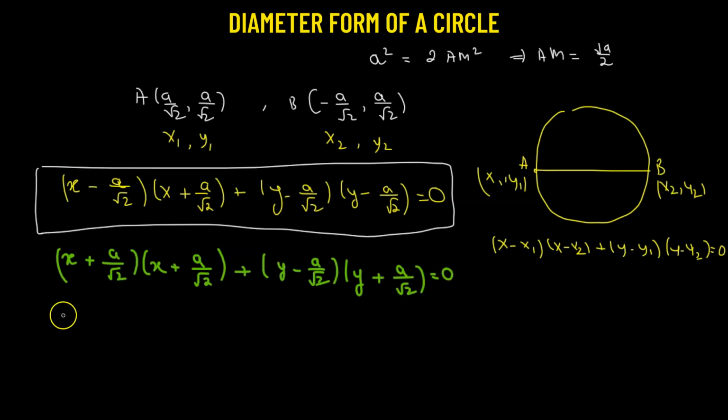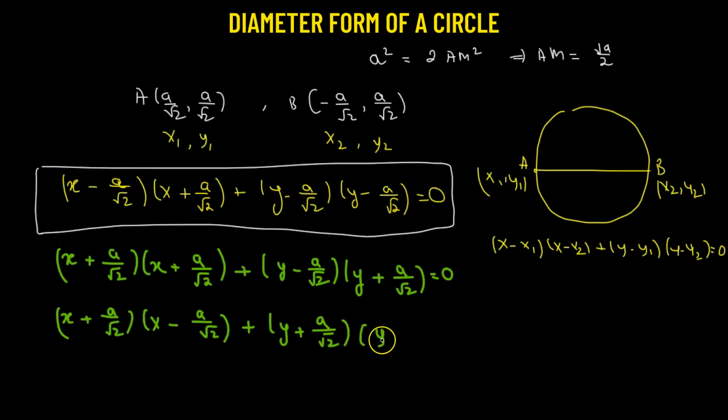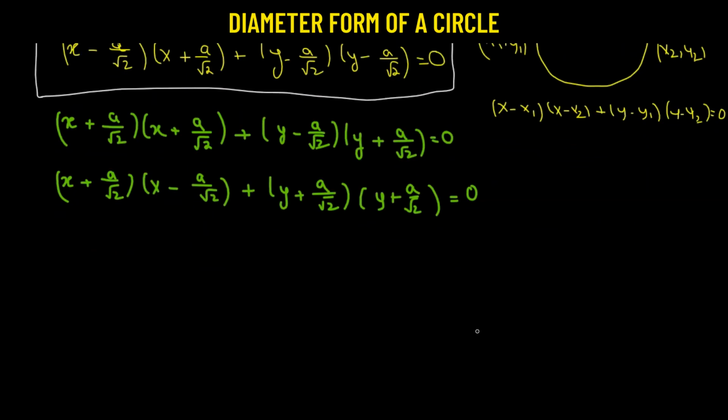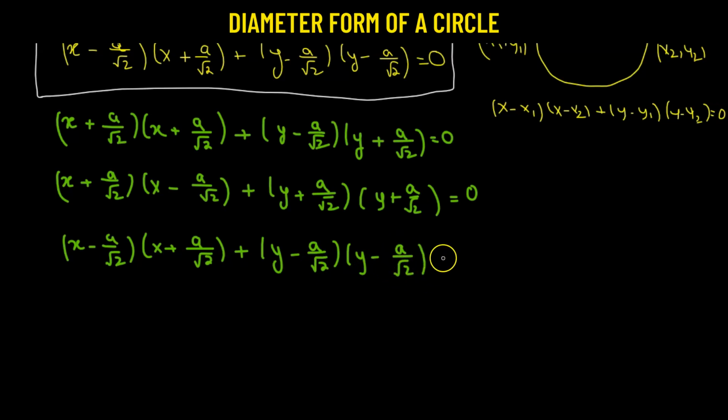The equation of the third circle is going to be (x plus a over square root of 2) multiplied to (x minus a over square root of 2) plus (y plus a over square root of 2) multiplied to (y plus a over square root of 2) equals 0. And then we have the equation of the fourth circle: (x minus a over square root of 2) multiplied to (x plus a over square root of 2) plus (y minus a over square root of 2) multiplied to (y minus a over square root of 2) equals 0.